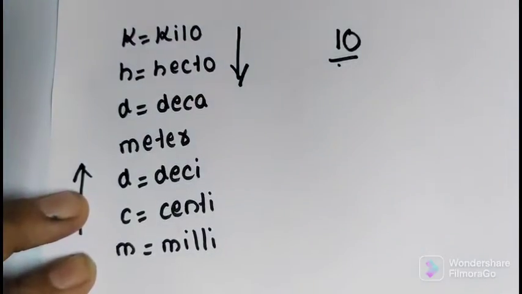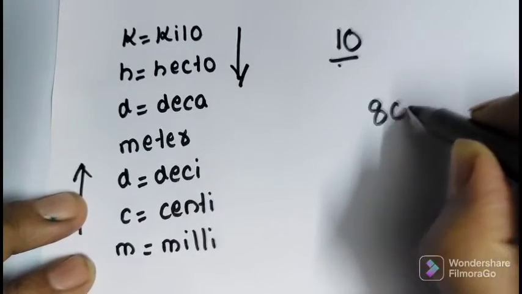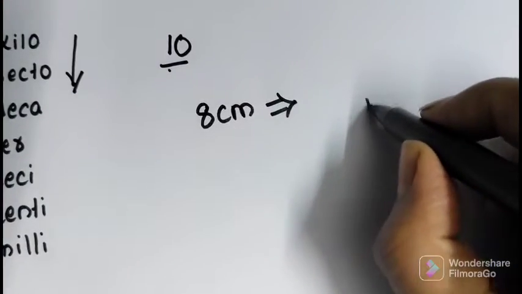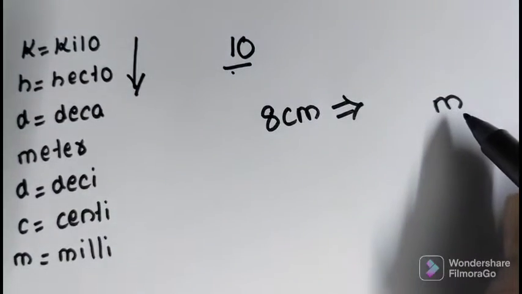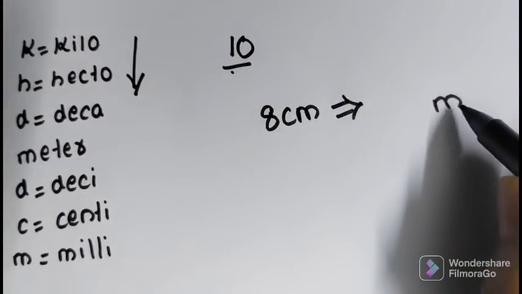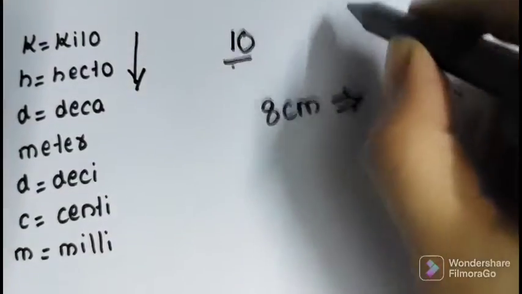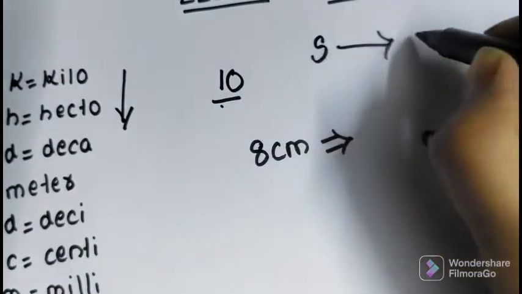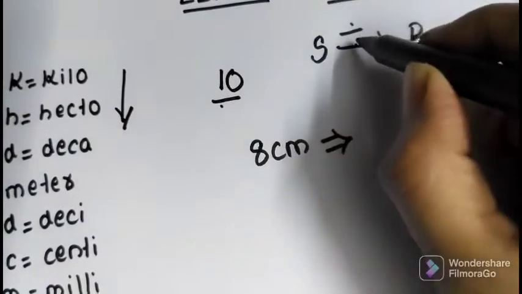For example, you want to convert 8 centimeter to meter. Now remember, is centimeter big or meter big? Obviously meter is big, and whenever you want to convert a small unit to a big unit, remember to divide.